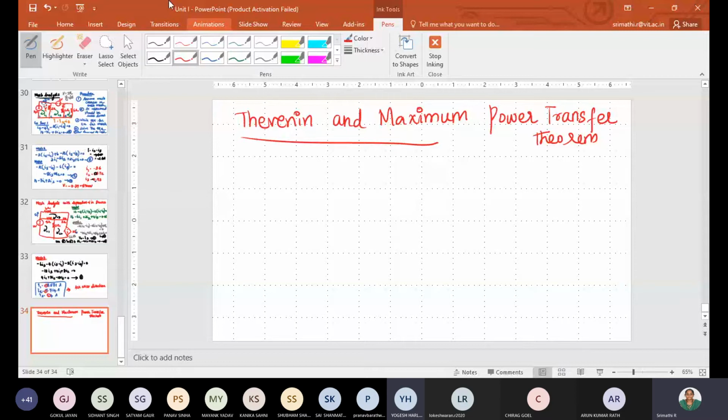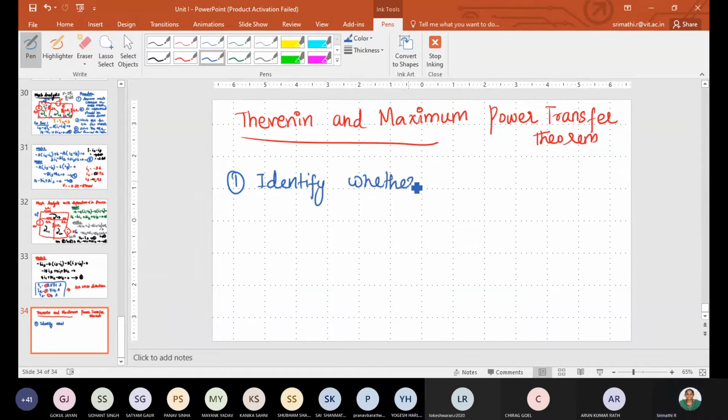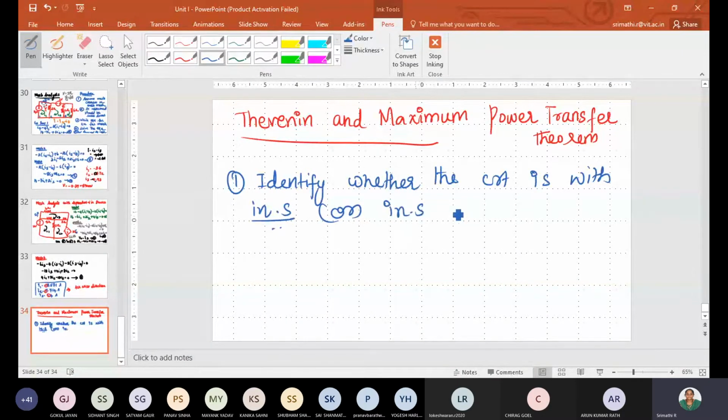Okay, for Thevenin's theorem, what are the steps we have followed? First, we need to identify whether the circuit is with independent source only, or independent source and dependent source.